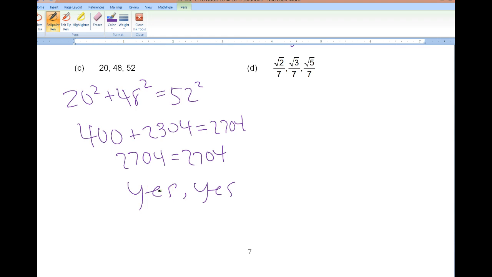Because they were whole numbers and they satisfied a squared plus b squared equals c squared. Okay, so take a look at the last one.